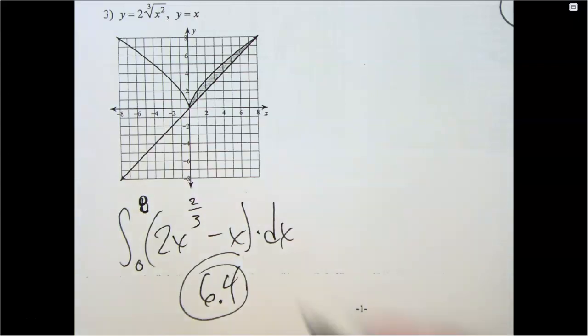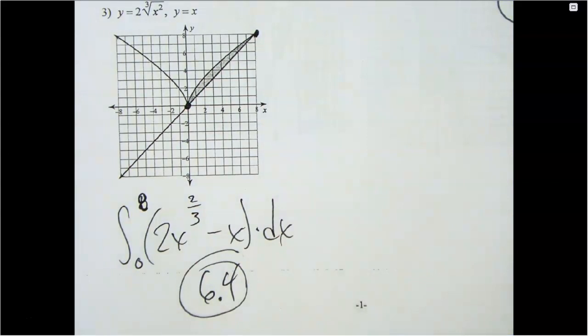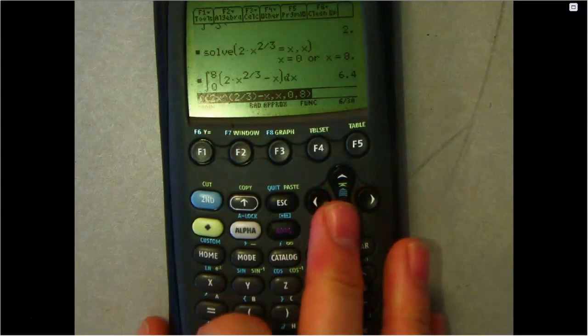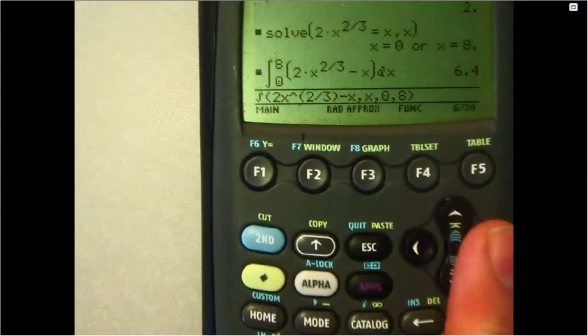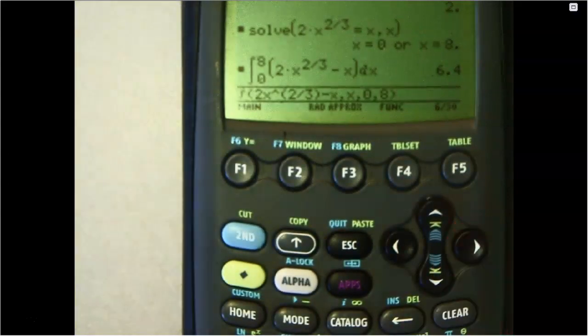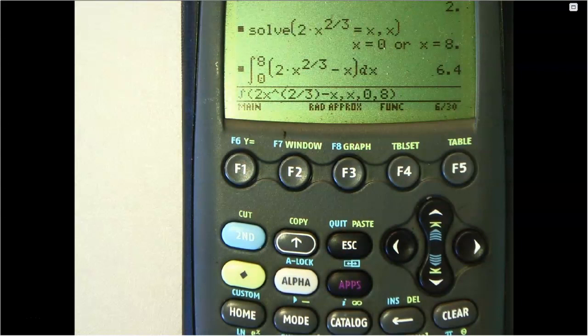Yeah. 0, 8. This is where they intersect. Yeah, you probably missed a parenthesis or comma. Here's what I have typed in, Matthew, if you want to see. The 0 and the 8 just come from the two x values where they intersect.